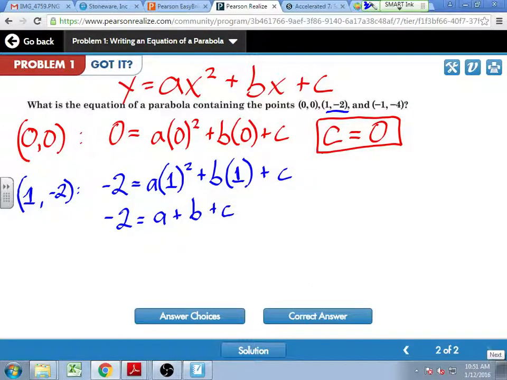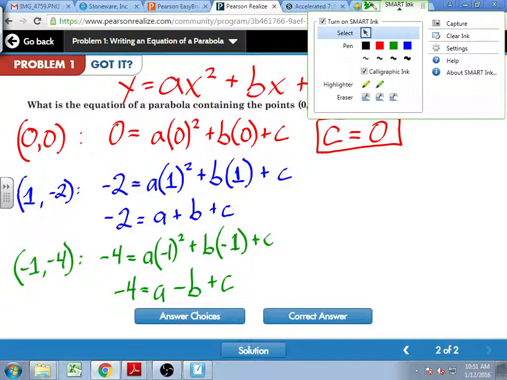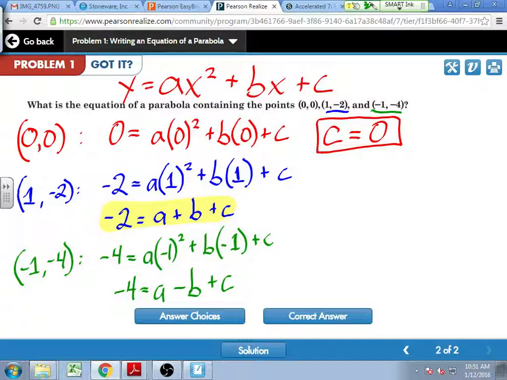-2 equals a plus b plus c. You could go ahead and replace the c with 0 if you want, or wait. When I plug in my third point, anybody have any questions for what I've done up to this point?